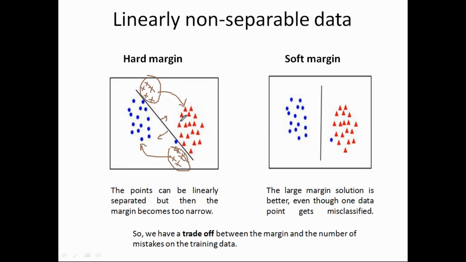If you go by hard margin, all these test cases will fail. These data points are supposed to be in this class and these in that class, but because you have a line like this, these will be considered red and these will be considered blue.